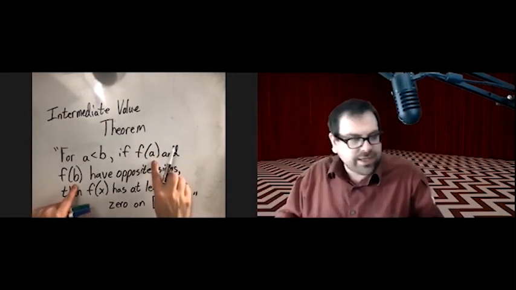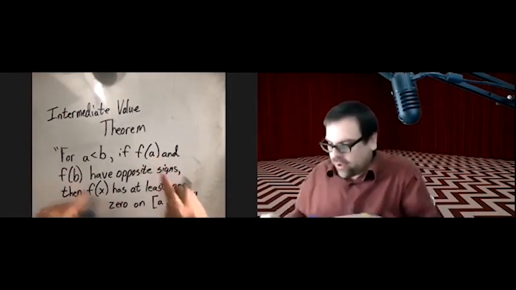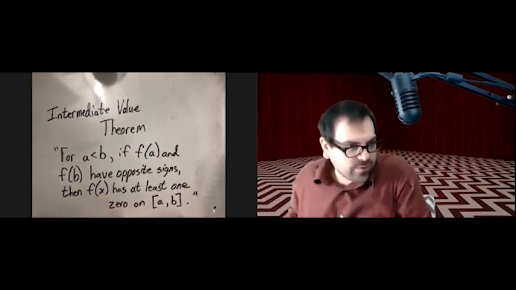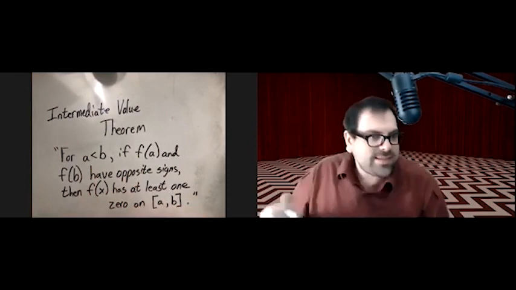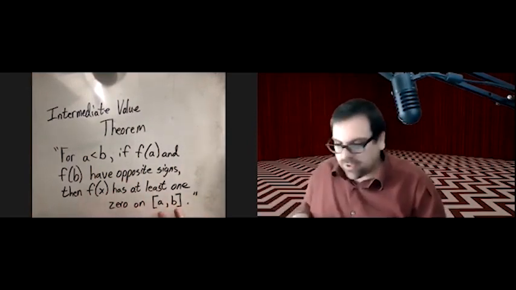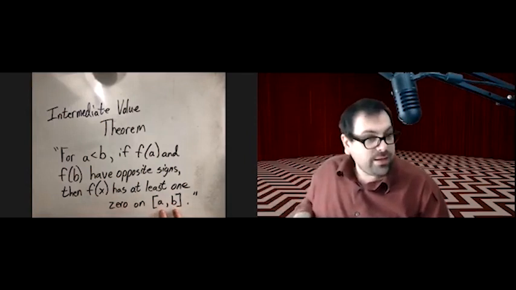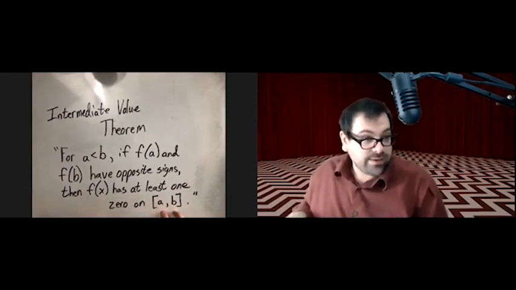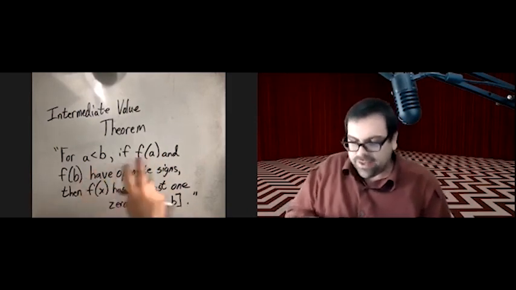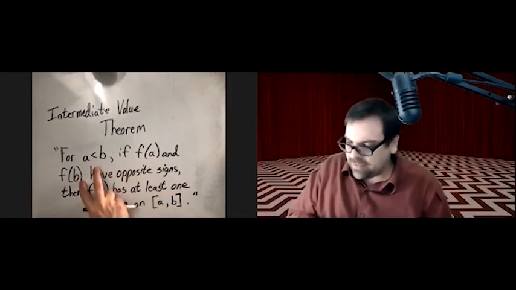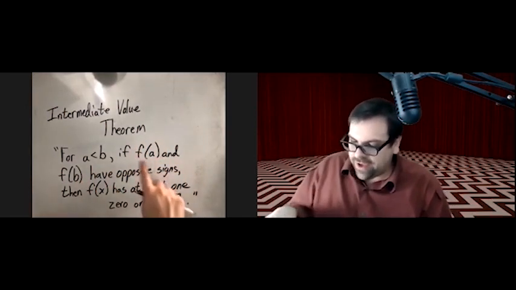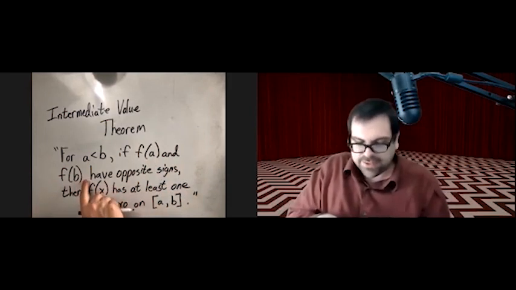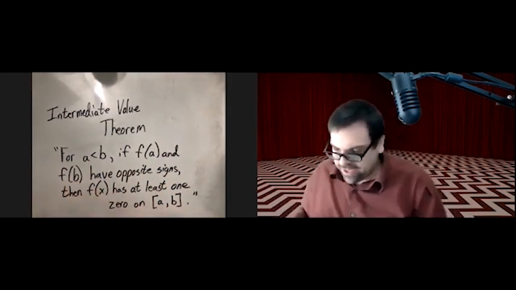We know that because we're plugging them into the function, and because they are endpoints of an interval. A is less than b. That's just saying a is the smaller number and b is the larger number, as it would have to be if it were written in an interval like this. f of a and f of b are the y values for a and b. If we plug a in for x, we have f of a. If we plug b in for x, we have f of b.